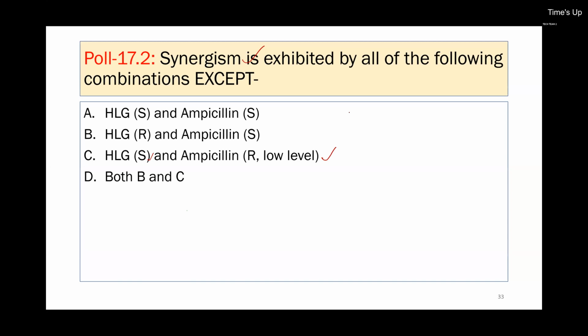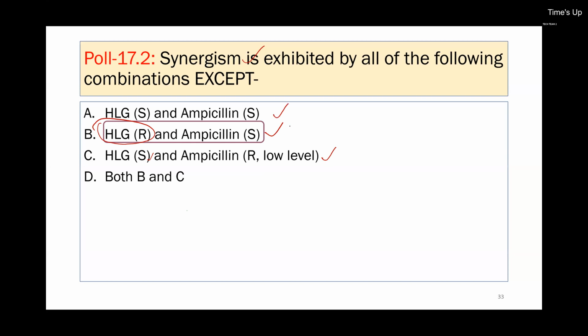So synergism is going to work in all except one scenario. If our synergism test comes resistant, then it is not going to work.